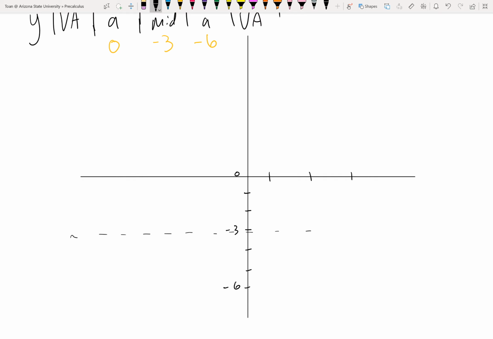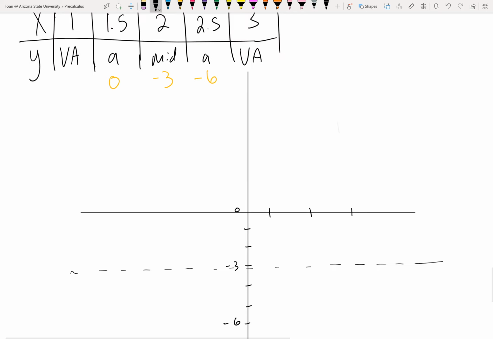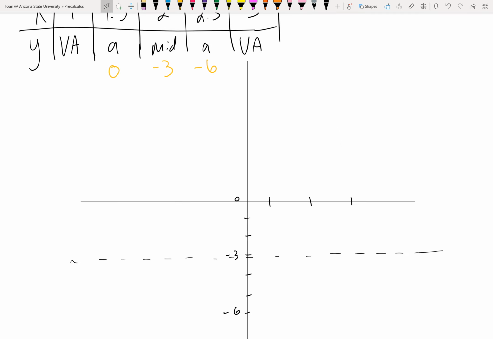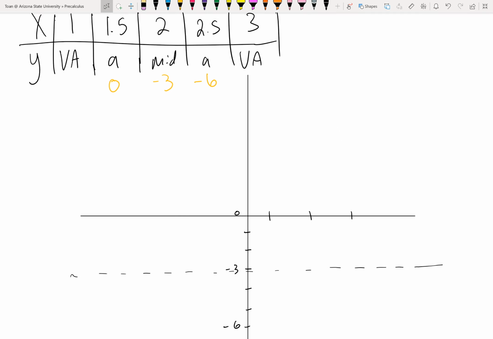Midline at negative 3. I have a vertical asymptote at 1 here. 1.5, 2, 2.5, 3. Vertical asymptote at 1, at 3.